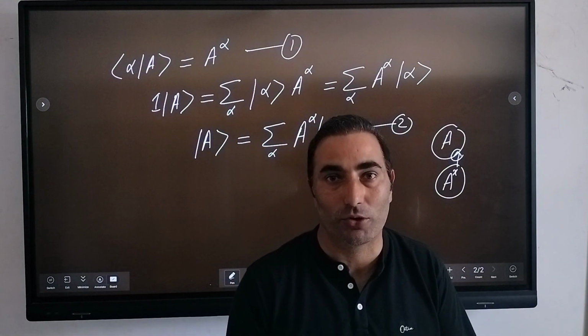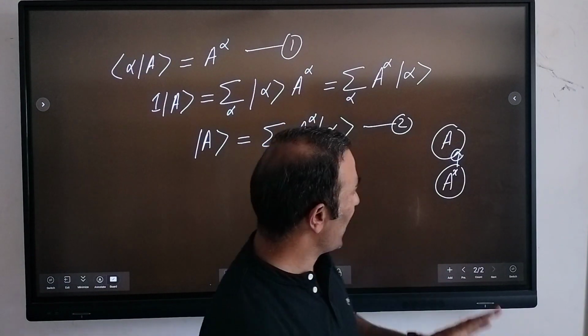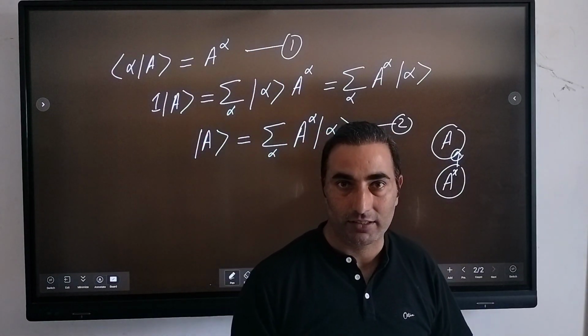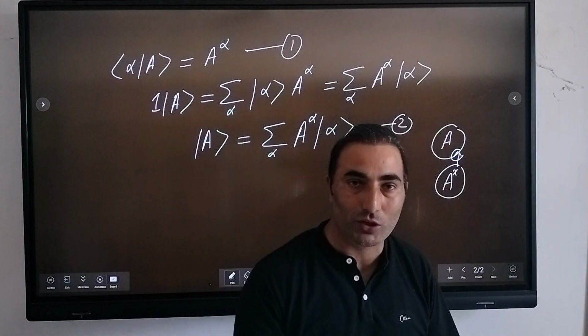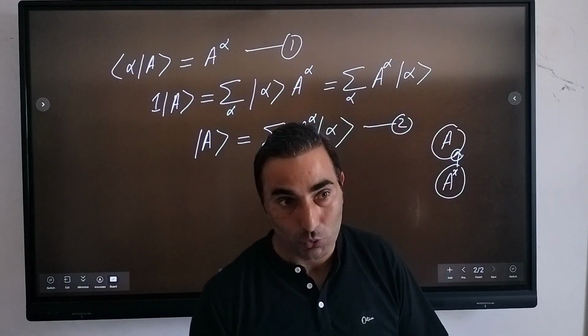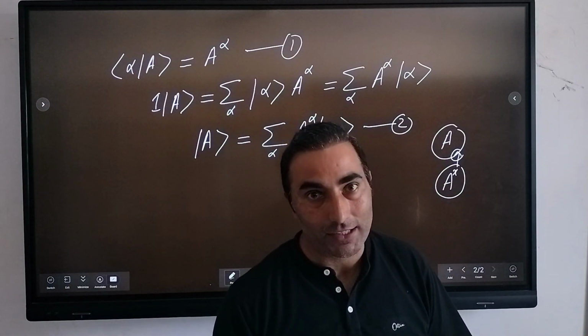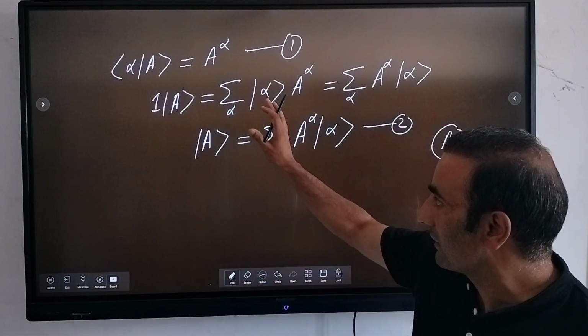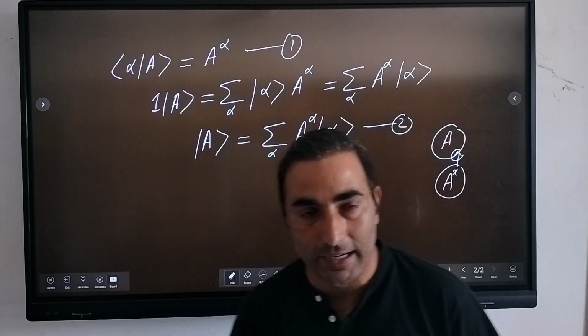Only knowing one component of that. So that means this equation second is the inverse of equation first, right? Either you know the components of a vector and you can calculate the total vector, or if you know the total vector, you can calculate the individual components, right? So this is clear from equation first and equation second, right?